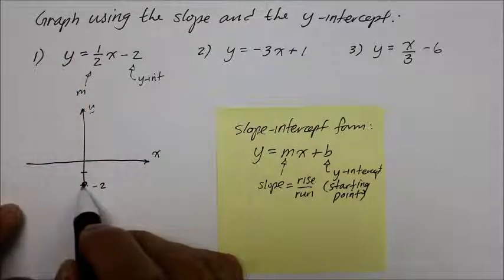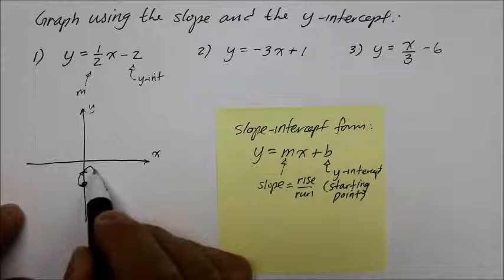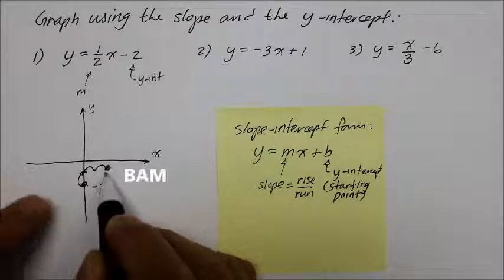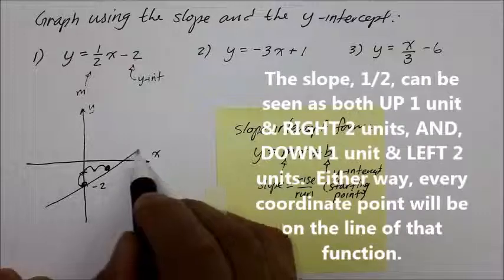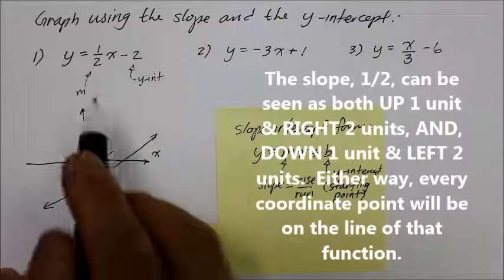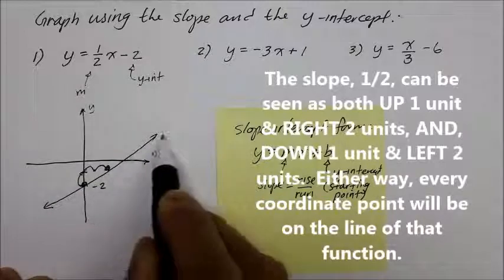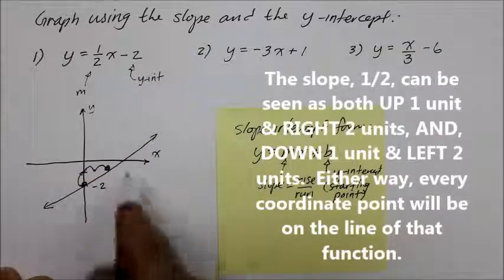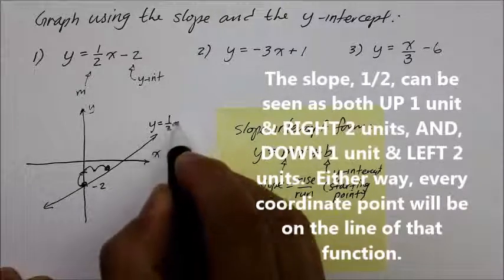So from here, up 1, and over to the right, 1, 2. Bam! Second point. Draw a line through those 2 points, and I have a positive slope, going up from left to right. That line represents the function y is equal to 1/2 x minus 2.